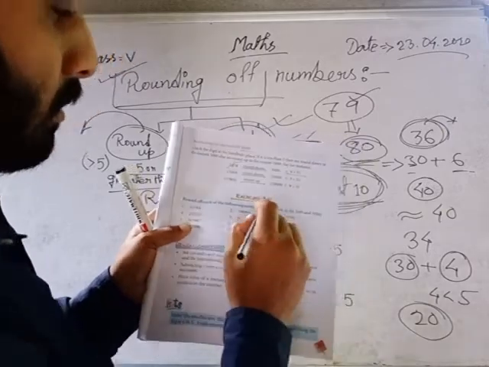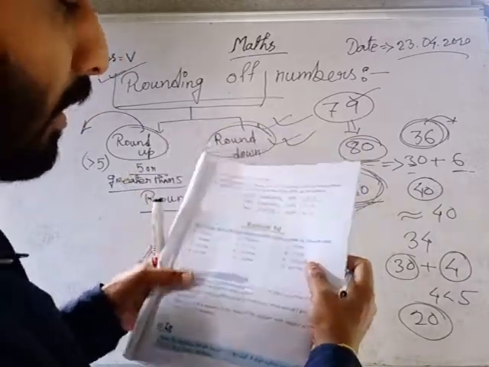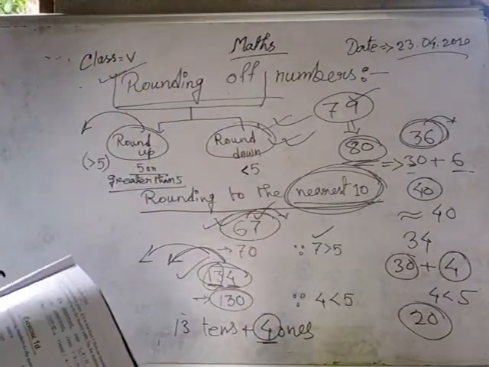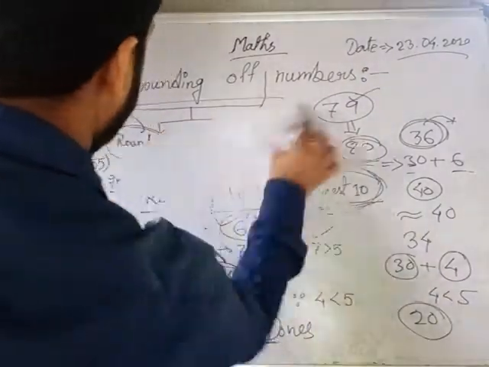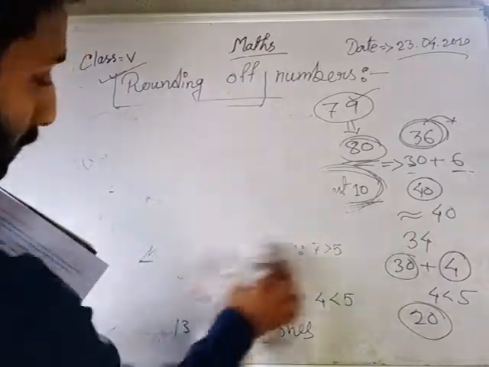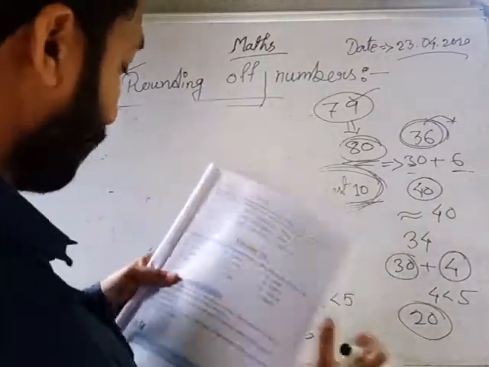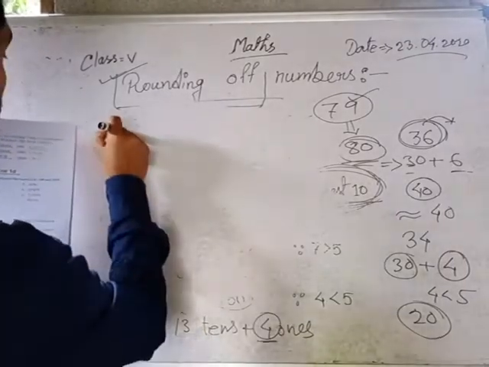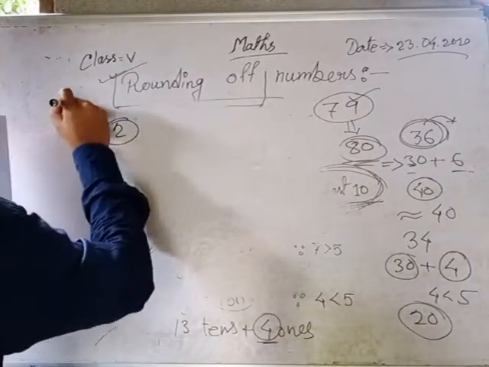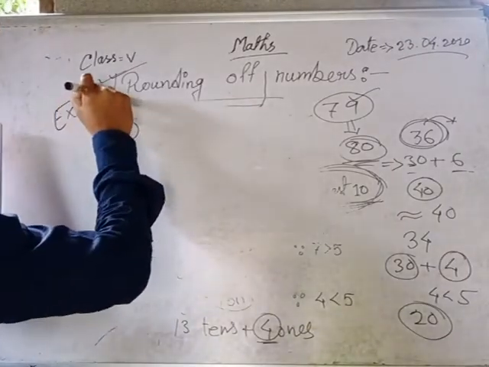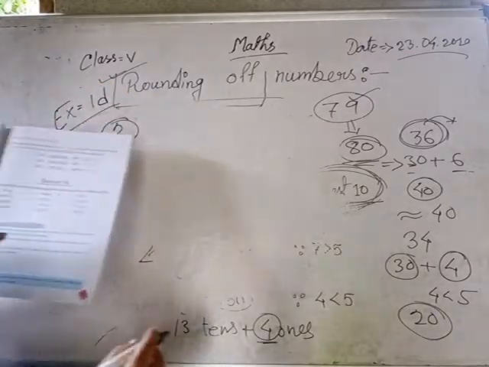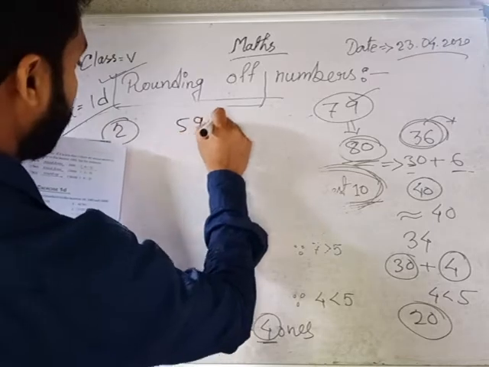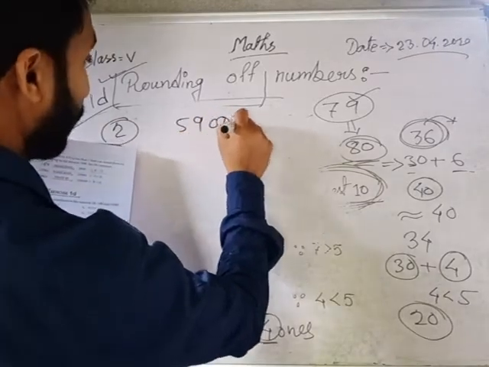Thousands, 10, 100 and thousands place. Now I will discuss number 2 from exercise 1D. Okay. 590078.